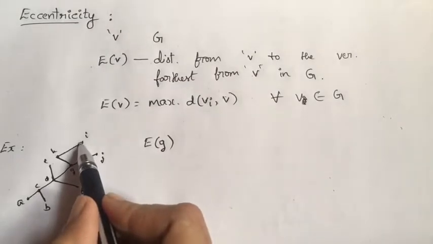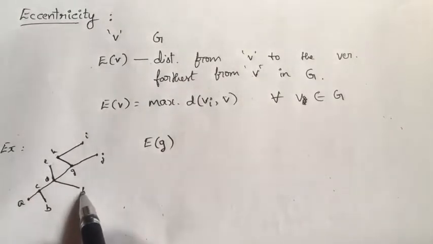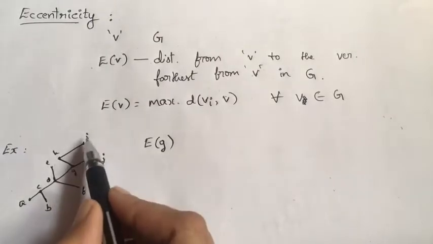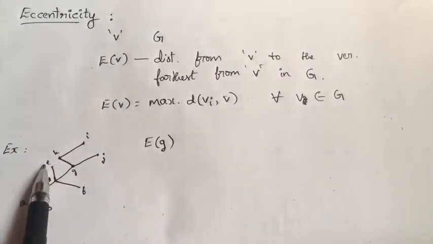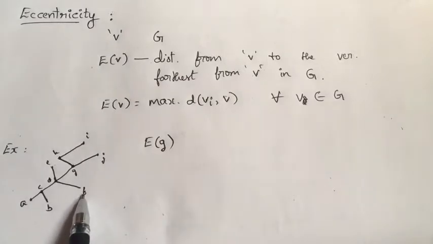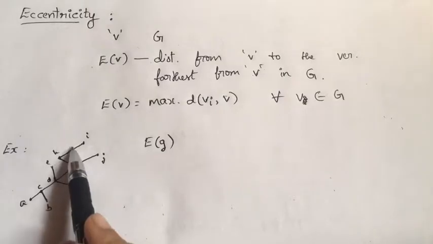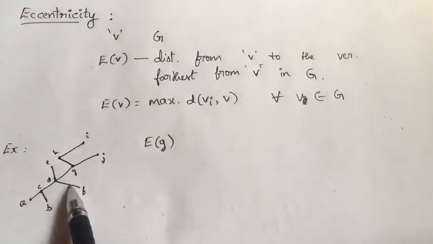If I take I, E and F, they are at distance 2 from G. So the next highest distance is 2.